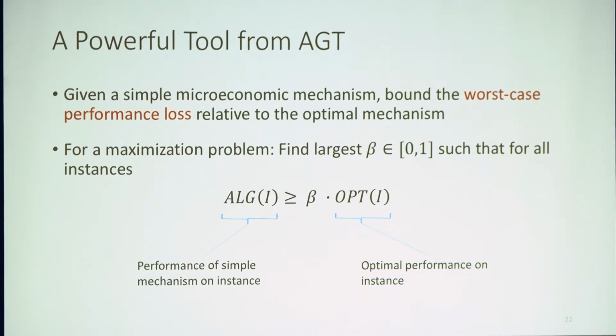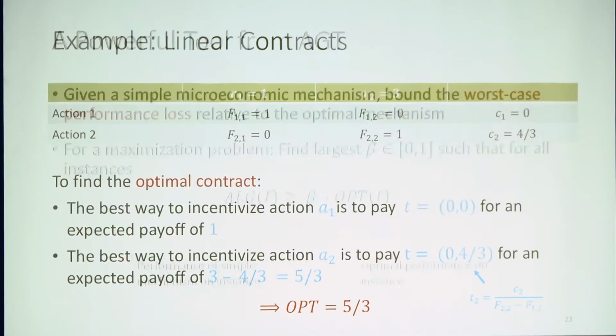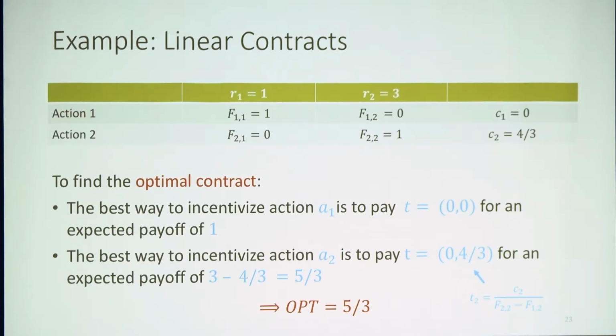And of course, we want beta to be as large as possible, as close to 1 as possible. Okay, so let's do this for linear contracts. And I think this could be another way of arguing that, for example, linear contracts or other simple contracts are good.